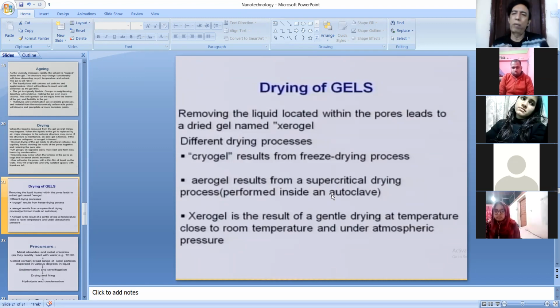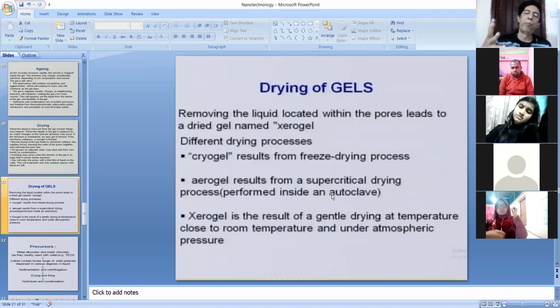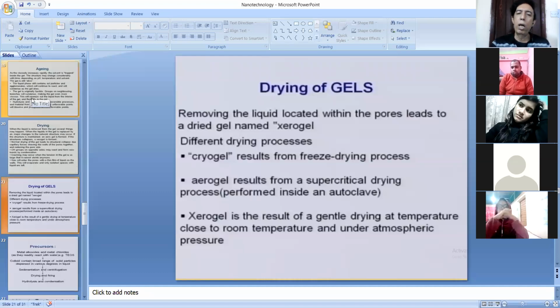We'll not go into the details of that type of drying, but you have to know that it is a supercritical drying. So we can get aerogel at the time of drying the gel.